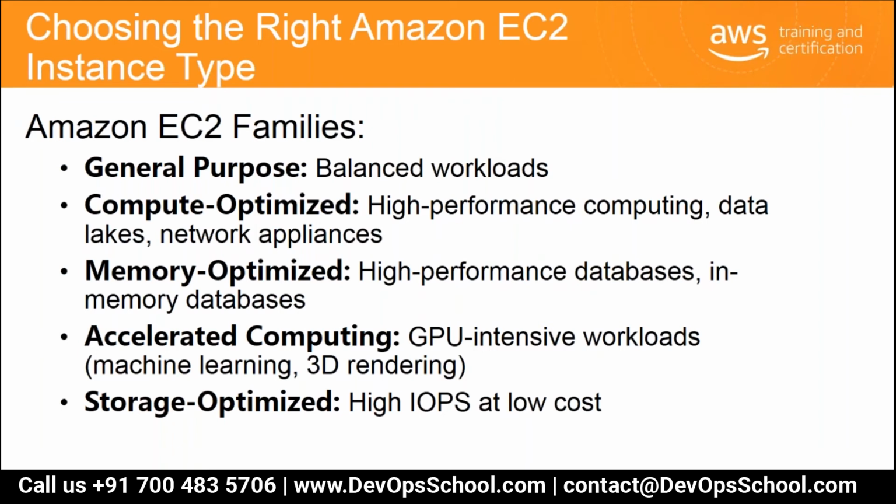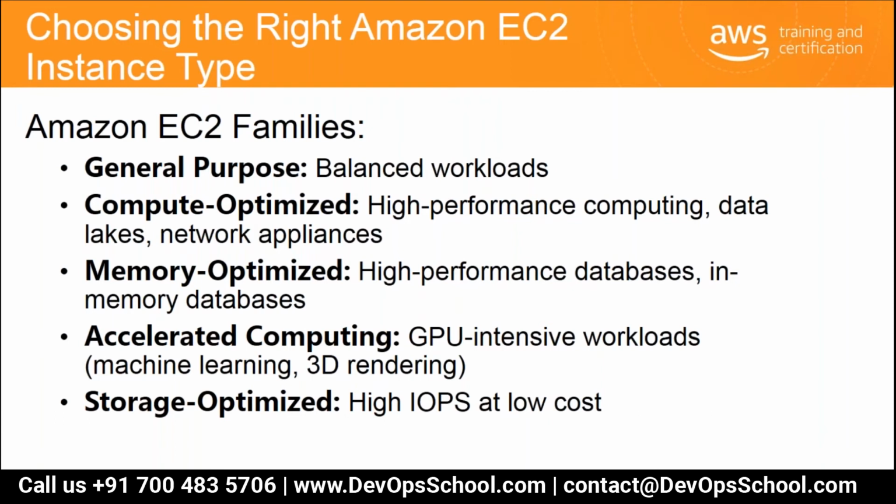Like you have general purpose, which is one family good for balanced workloads. It gives a balanced proportion of everything. And then there is compute optimized, which is used for high performance computing, where compute is your priority. You will go for this family.